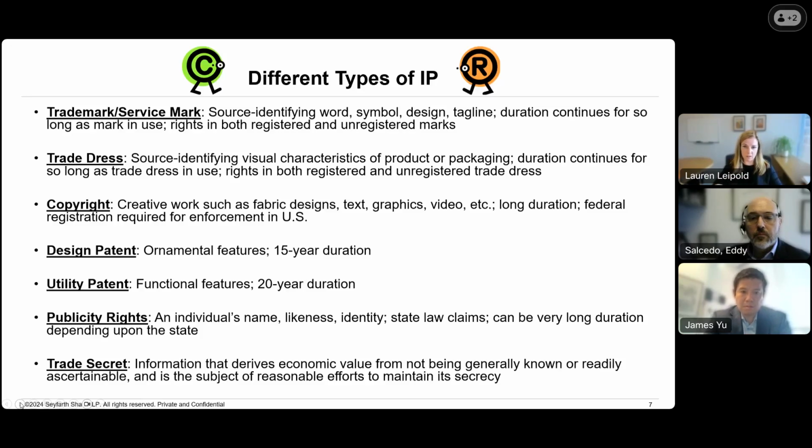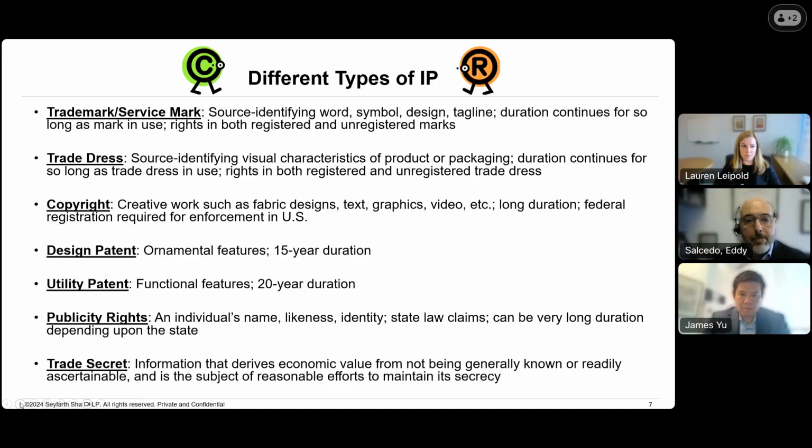So that's considered a literary work under the Copyright Act, and there's protection available there. So fairly expansive protection, but again, it's not going to be your commercial symbols in commerce. Unlike a trademark, it's going to be that creative work and the content of that creative work. Unlike for trademarks, you do have to have a copyright registration at the federal level in order to file suit. So that's an important consideration in the copyright context.